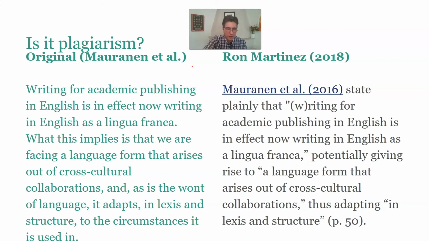So I took this out. That last sentence there came out. I took out the writing for English as lingua franca, and I took out this here because what this implies, that statement there, in the original, is that author's voice.